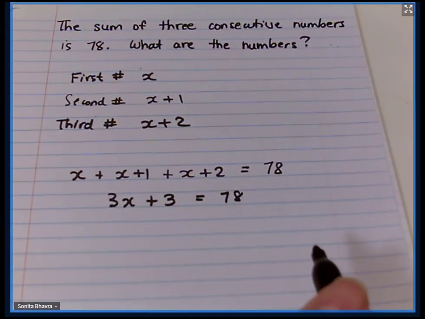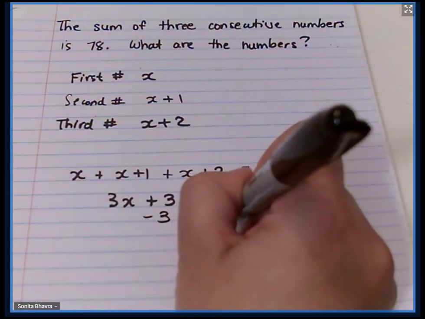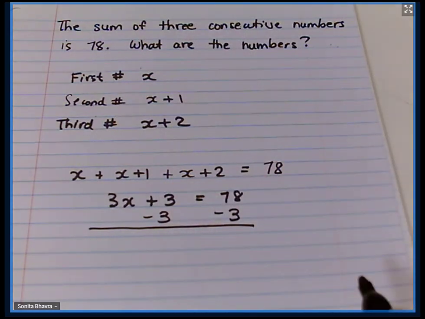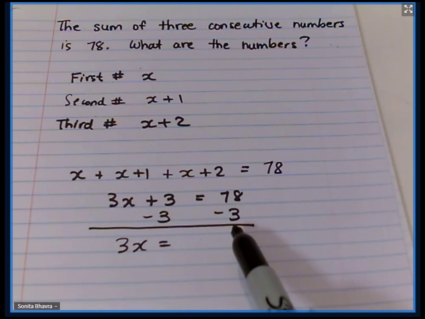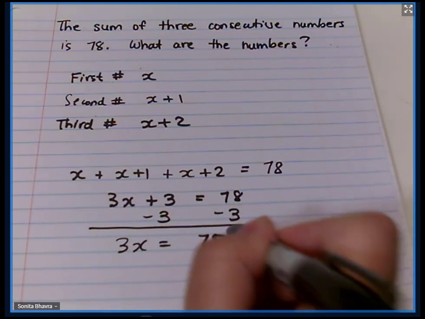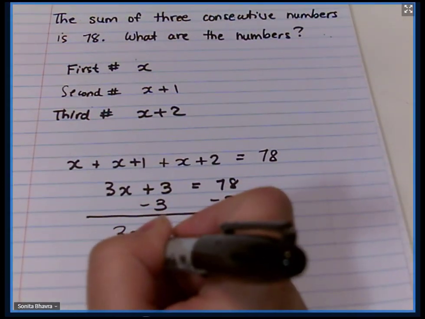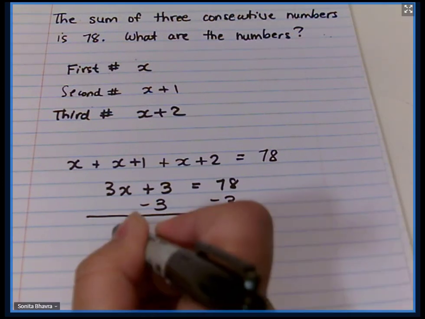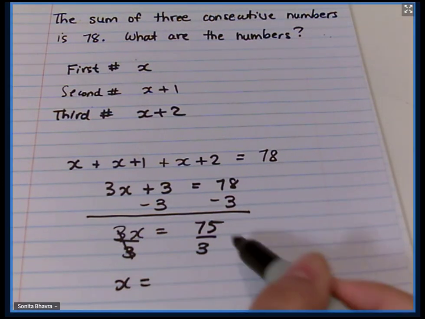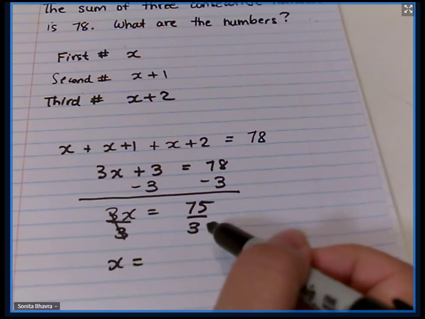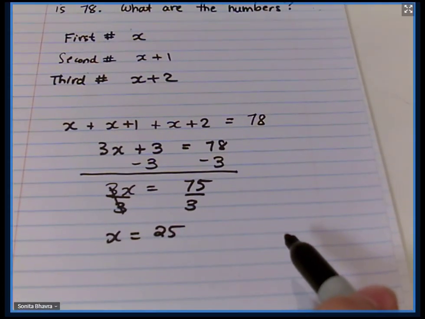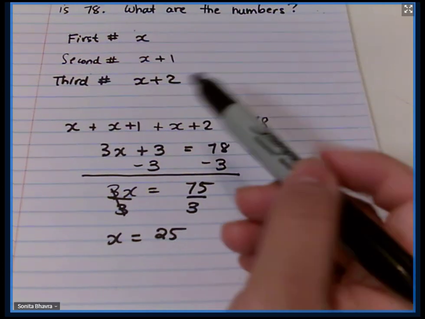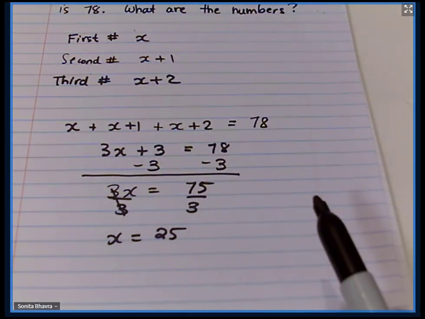Now we can solve for x. Subtract 3 on both sides. That gives me 3x is equal to 78 minus 3, which is 75. Divide by 3 on both sides, so x is equal to 75 divided by 3, which is 25. That's your first number.